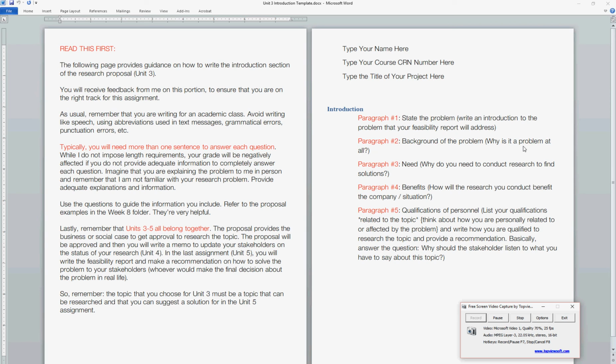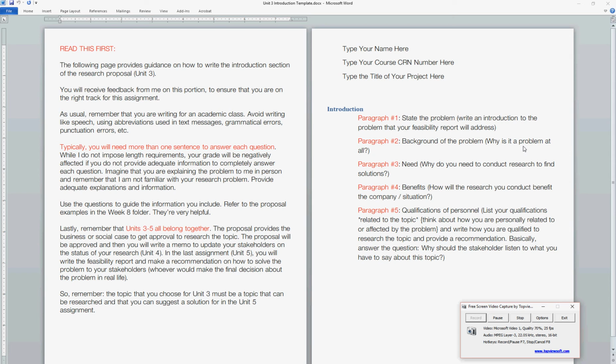And how to do that: think about how you are personally related or affected by the problem. So if you're writing about, I think one of the topics was related to maybe teamwork in the workplace, I'll go over some of the topics later if I get the okay from students.